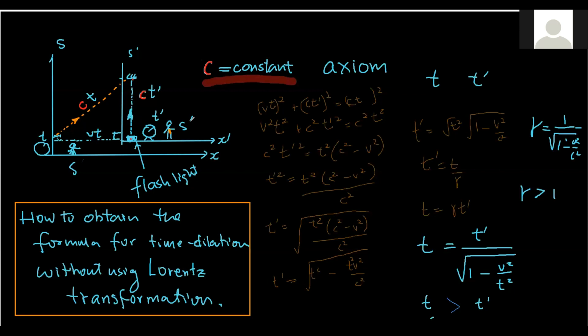But to the observer in the reference frame S, the distance that the light traveled looks as if it's traveling along an incline, a diagonal. It's also a light beam. Since the speed of light c is constant, the distance is c times t.